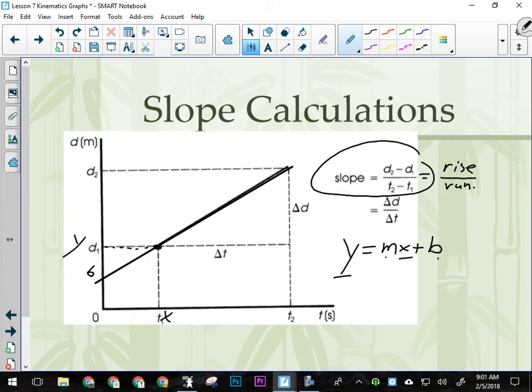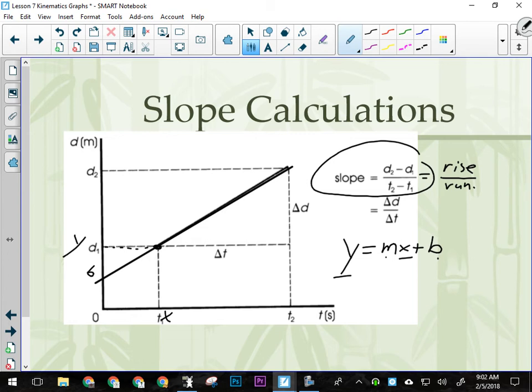So if I want to calculate the slope using this formula, I've got to isolate M. Think back to our rules of algebra here. If I want to move something, I do the opposite. What I do to one side, I do to the other, and I move what's not attached to what I'm looking for first. So what should I move first if I want to get M by itself?